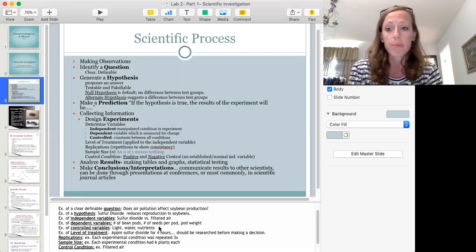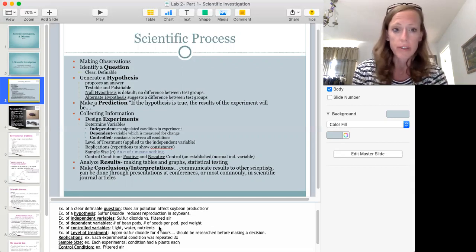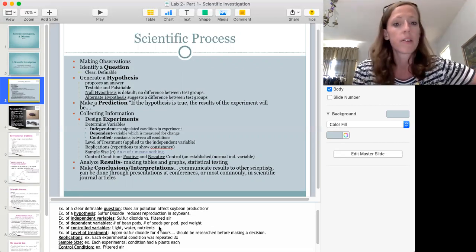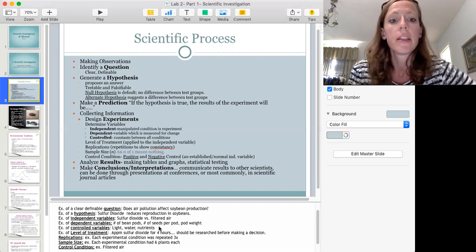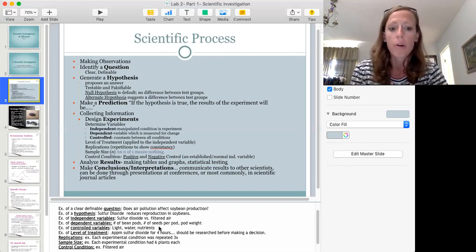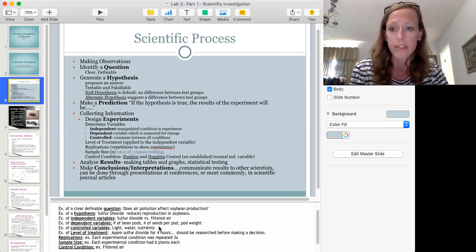And then from that point, we need to suggest a null hypothesis, which means that there is no difference between the test groups, and an alternate hypothesis, which means that there is a difference between the test groups. So the null hypothesis would be that there would be no effect, for example, no effect of air pollution on the production of soybean plants in our example.